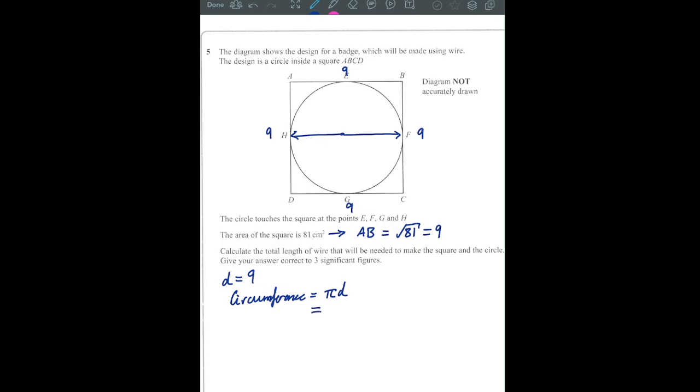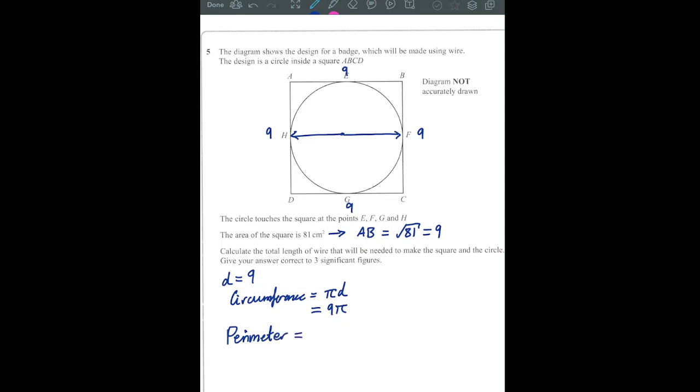Because I've worked out what d is, I might as well just use that. So that's going to be 9 pi. I like to not work out numbers until the very end. So in my follow-up working, I'm going to keep it as 9 pi until I have to, right at the end.